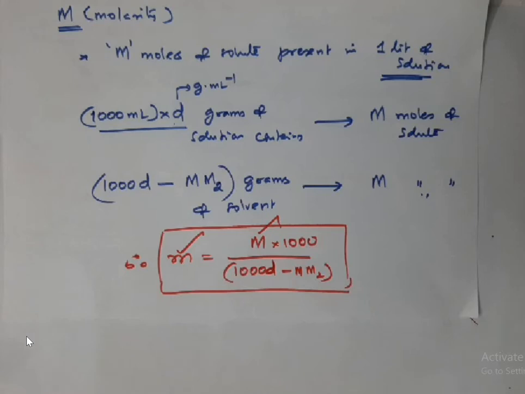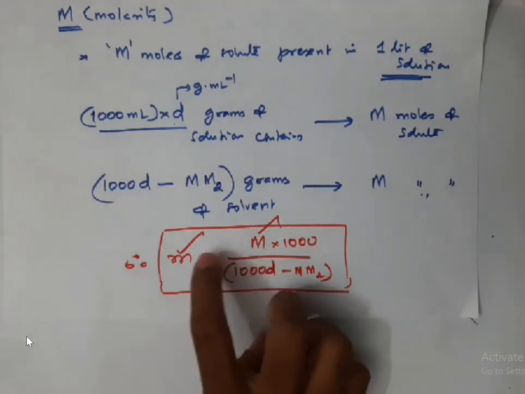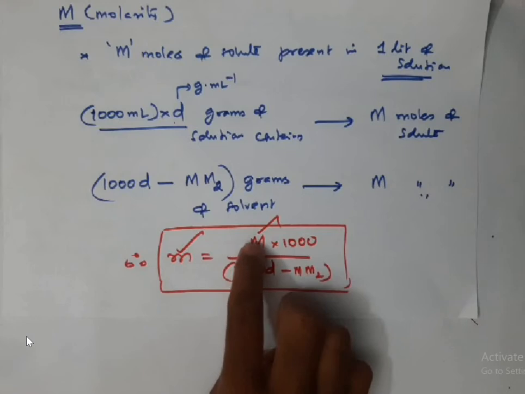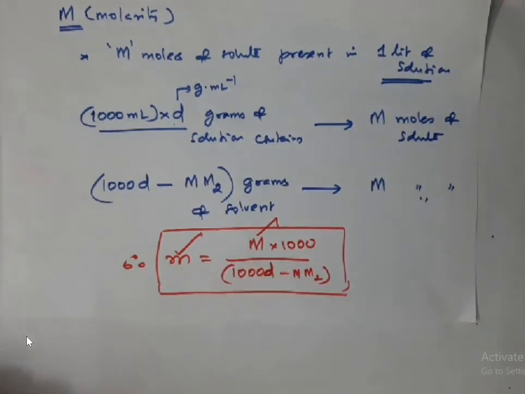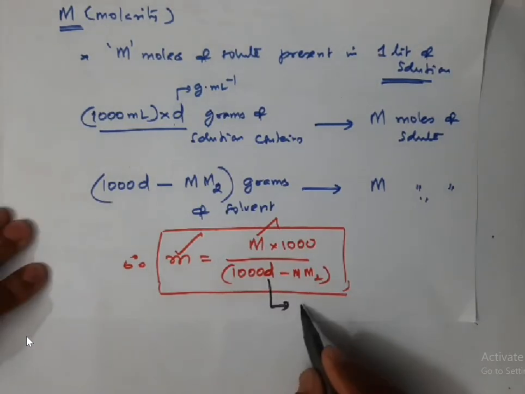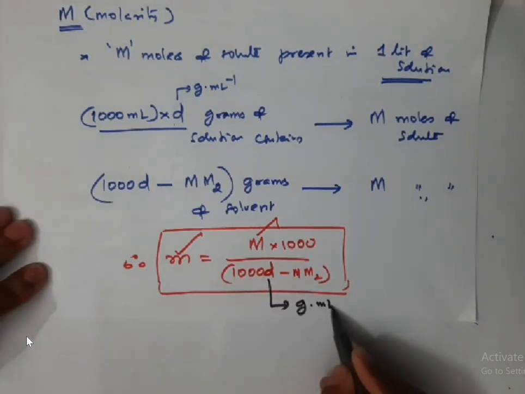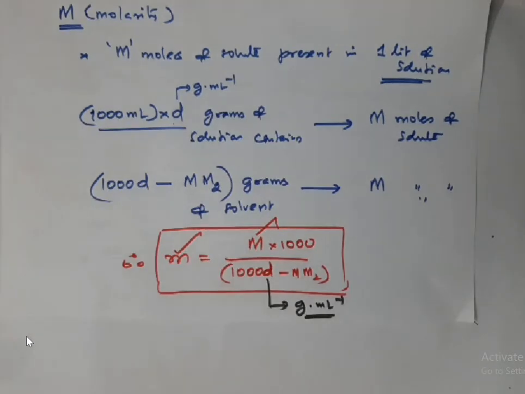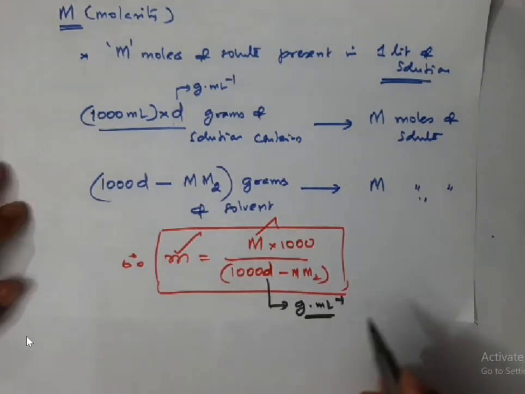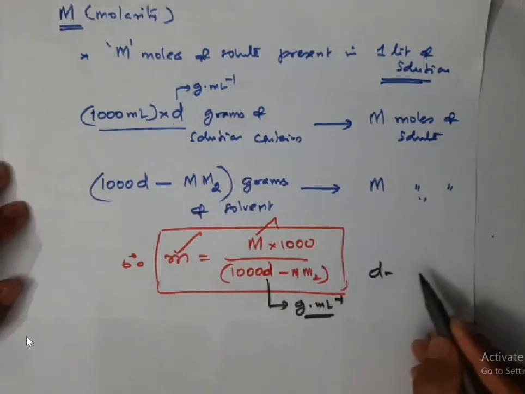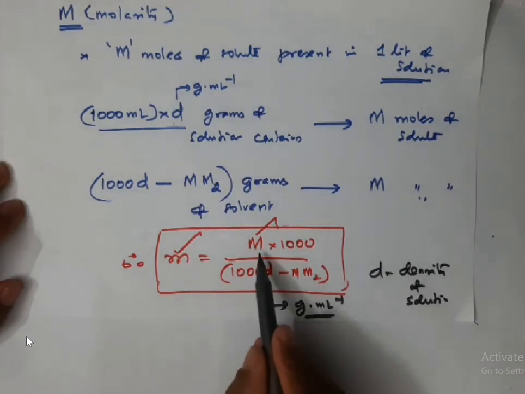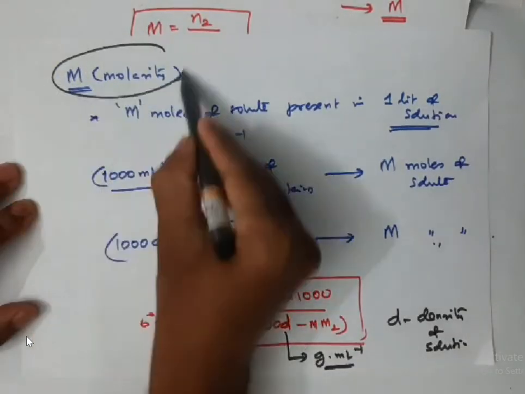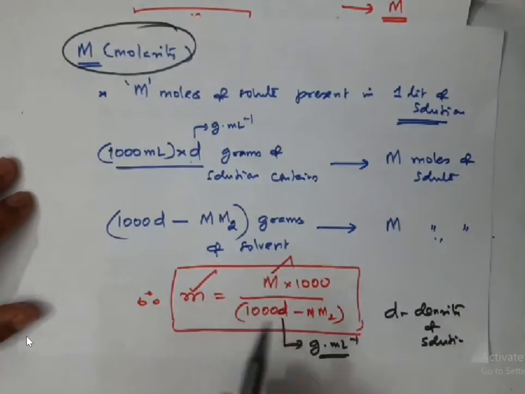If you want to convert molarity into molality or molality into molarity, remember you require density of the solution. Here density should be in gram per ml. D here is density of solution. What is M, students? What is M here?